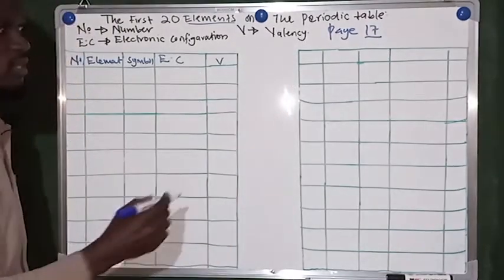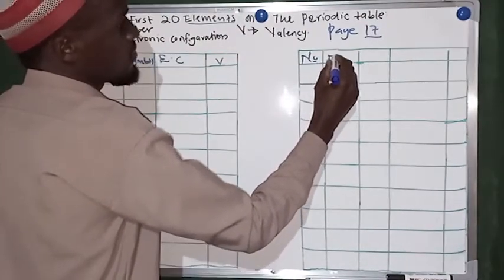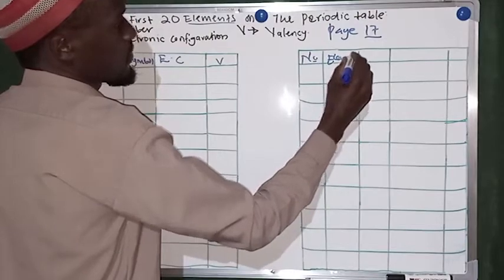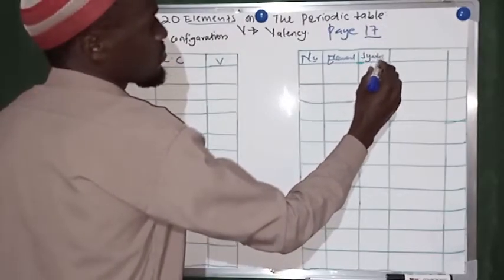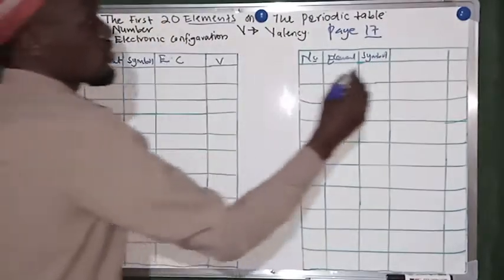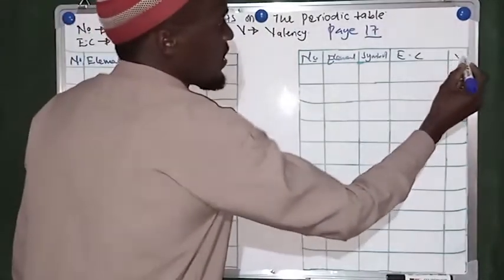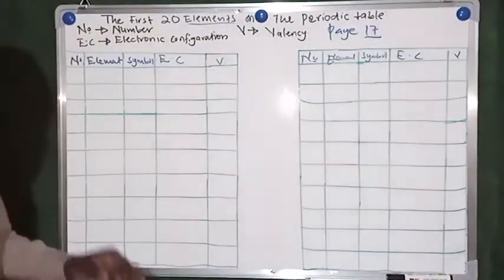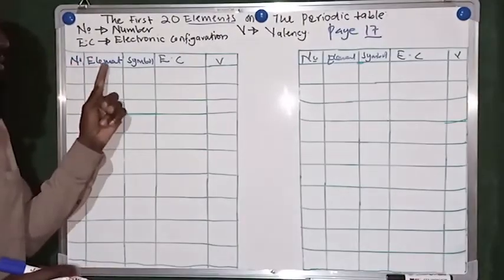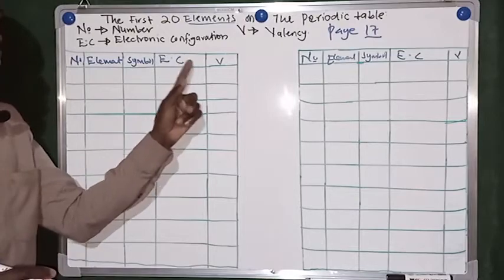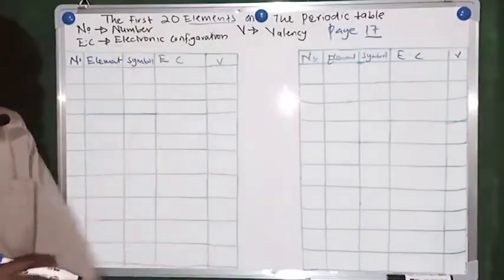You're going to have the number, the element, the symbol, and the electronic configuration, and then the valence. Today I'm going to talk about 5 things: number, element, symbol, electronic configuration, and the valence of these 20 elements.